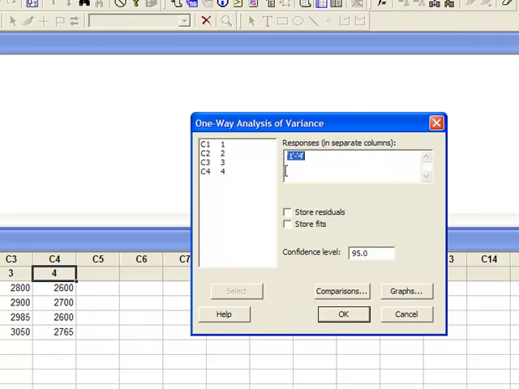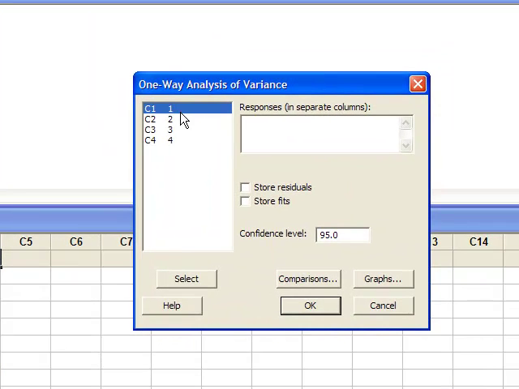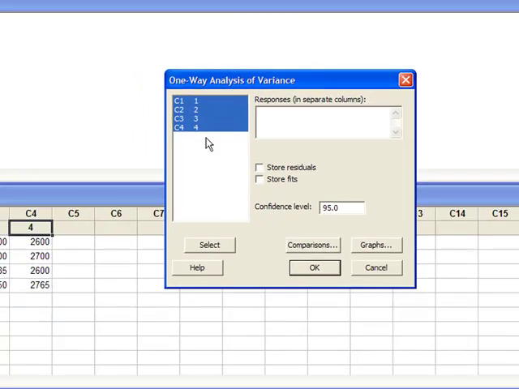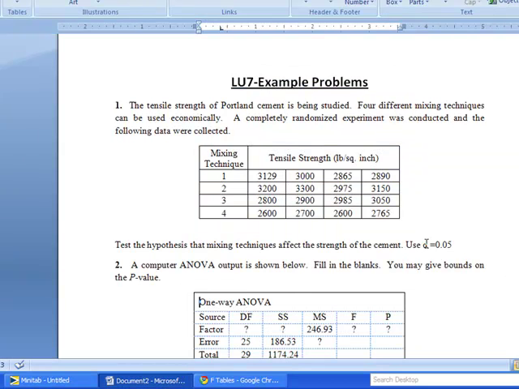Here we have C1, C2, C3, C4. These are response variables, right? So I am going to select all of them, and the confidence level is 95%, which is the same as alpha equals 0.05.